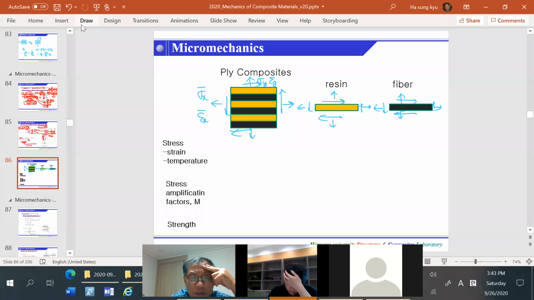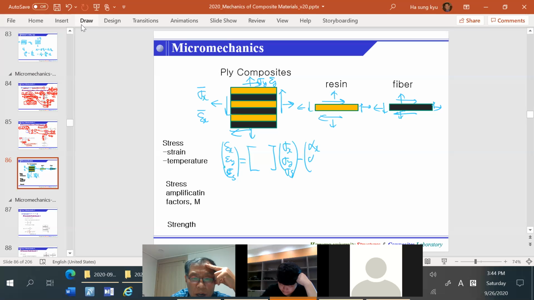So for the stress-strain-temperature relations, we would like to have epsilon x, epsilon y, and epsilon s equal to the compliance times sigma x, sigma y, and sigma s, minus alpha x, alpha y, and 0 times delta T. This is going to be 1 over E x and so on.